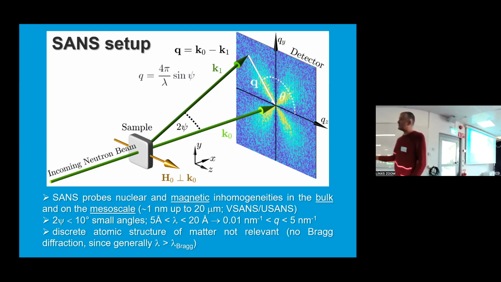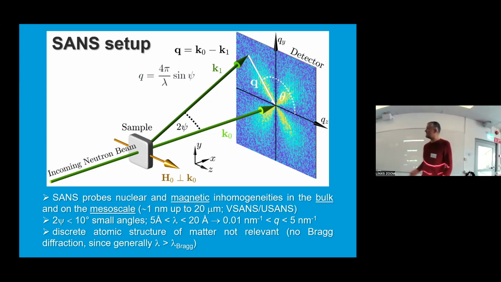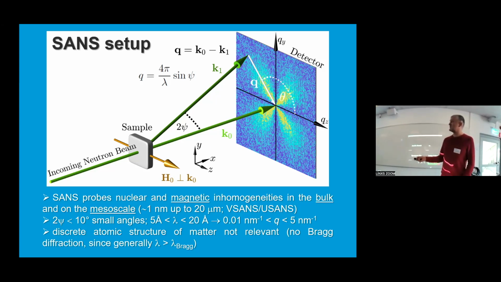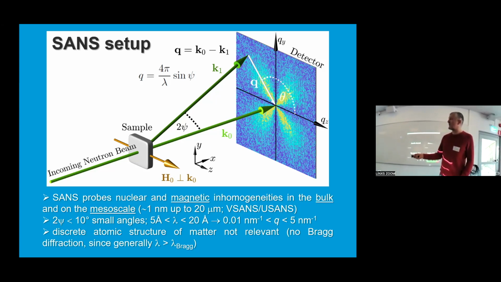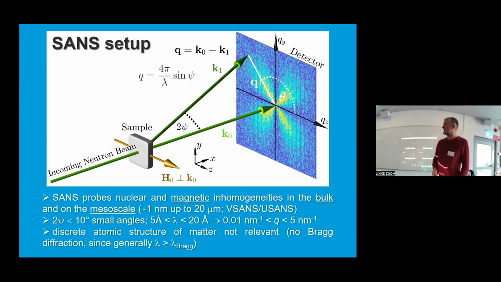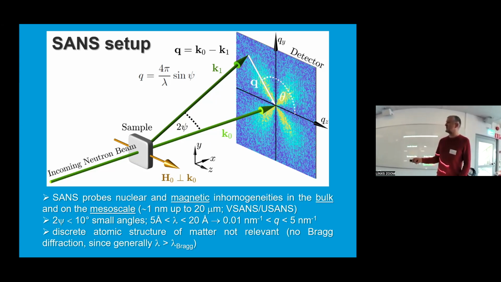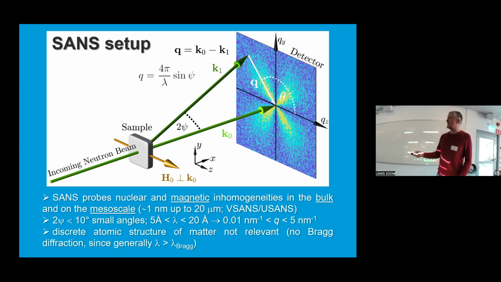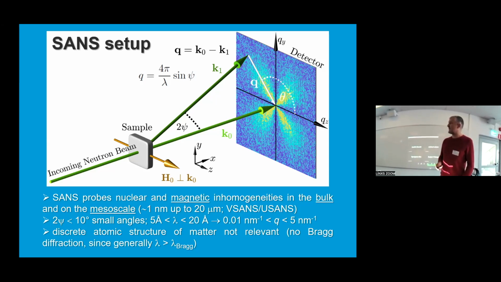If you use similar setups with techniques known as very small angle neutron scattering or ultra small angle neutron scattering, you can even reach the micron scale. Additionally important to mention is that with this small angle scattering technique, as with any neutron technique, we measure nuclear scattering and magnetic scattering.